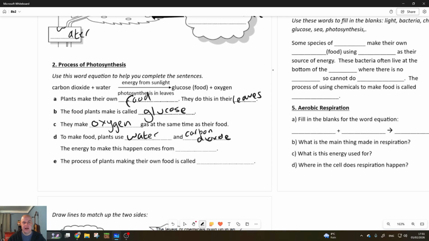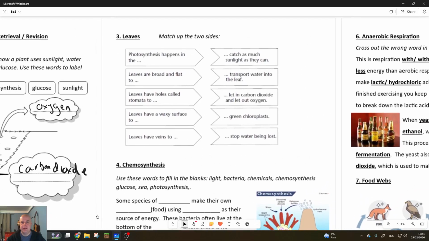The energy to make this happen comes from light, and this process is called the process of photosynthesis. There we go, guys. Page 1 done. Now we're going to move on to page 2.